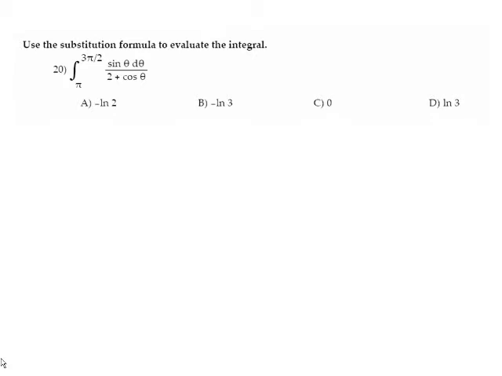Notice that if we let u equal what I call the more complicated term here, let u equal 2 plus cosine of theta, then the derivative of that is going to be minus sine of theta d theta.